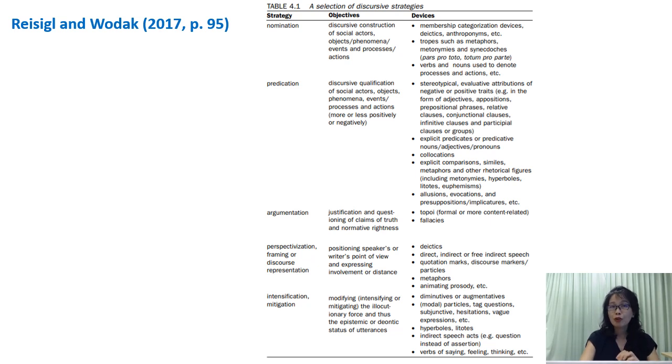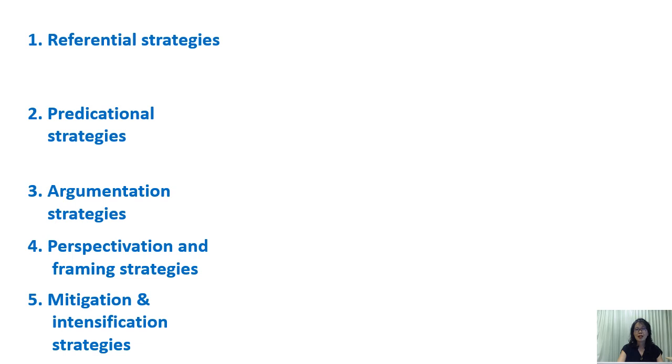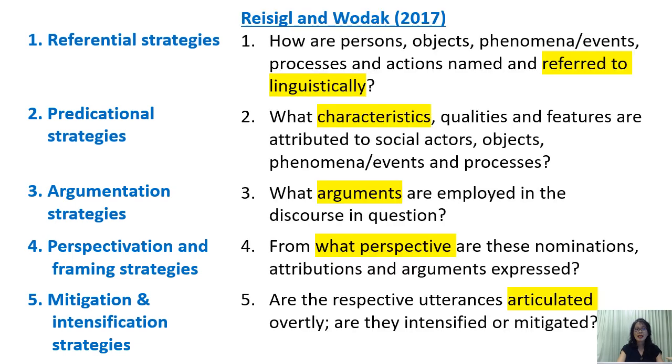I will go into each of the 5 strategies one by one. You see here the 5 strategies, and these are the guiding questions that are used. Referential strategies, we are looking at the reference, the people, the objects, or the places that are mentioned. Number 2, predicational strategies, the descriptions of these.